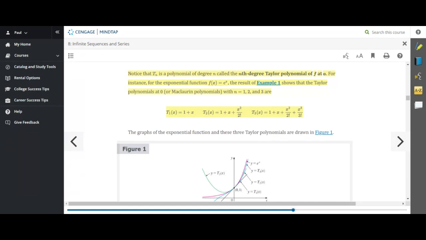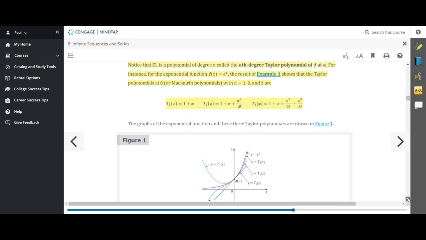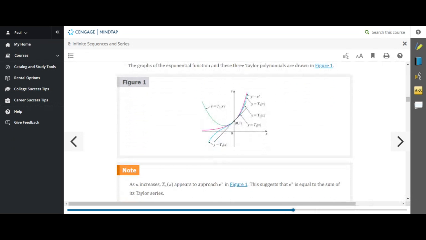When you take a finite number of terms of the series, you get a polynomial. In figure 1 they graph the exponential function along with its first 3 Taylor or Maclaurin polynomials.